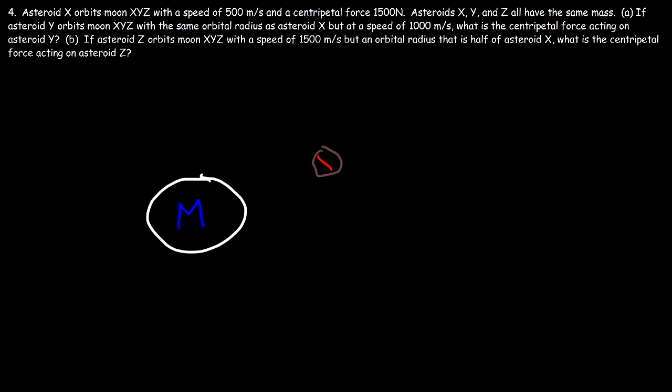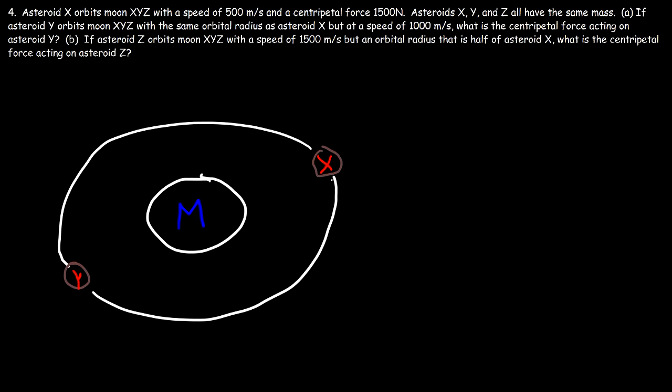So this is asteroid X. Now, asteroid Y is in the same orbital radius as X. Now, X is moving at 500 meters per second currently. And asteroid Y is moving at twice the speed, 1000 meters per second.